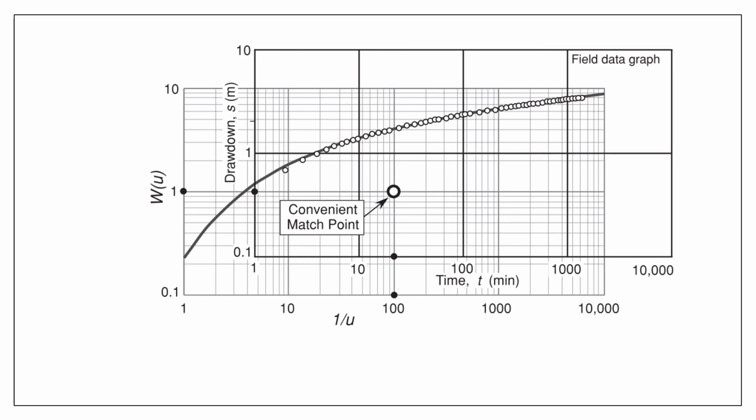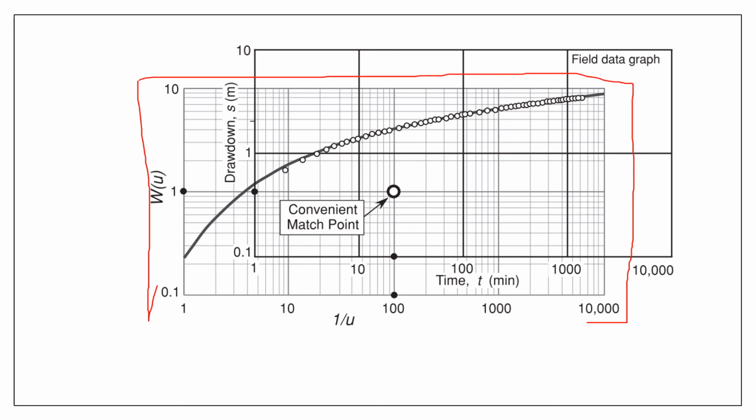And then what we do is we overlay this here. This is the Thiess type curve. The Thiess type curve is a set of mathematical curves. These are mathematically derived curves that approximate different well conditions.